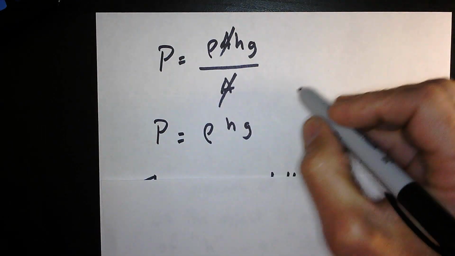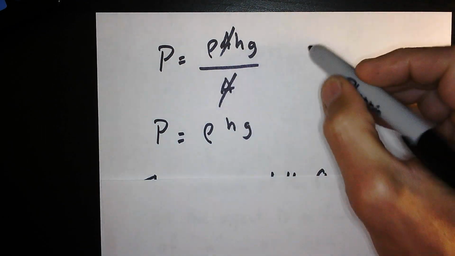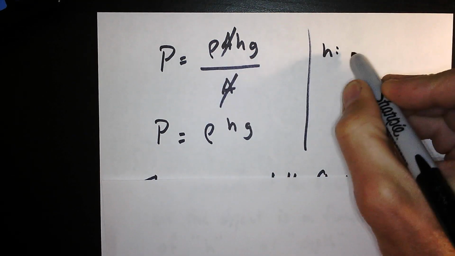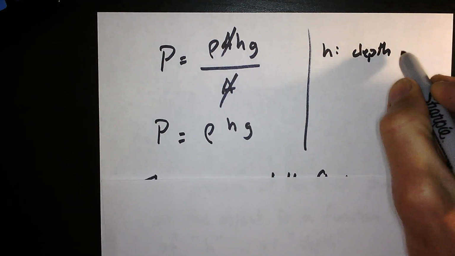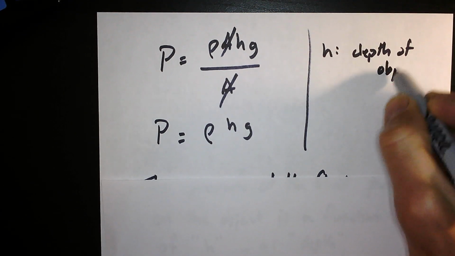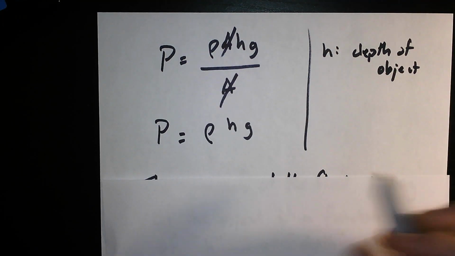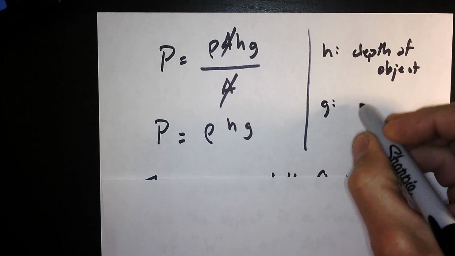H really represents depth of water, depth of the object in the water. G is the acceleration due to the force of gravity.